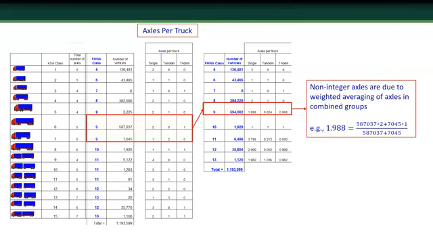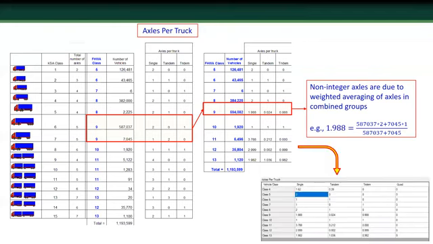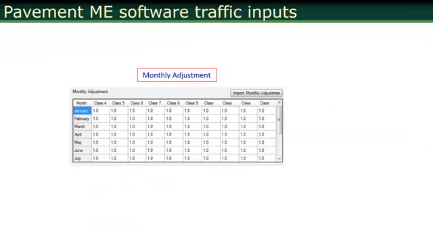All right? So same procedure for the other one. This times this plus this times this gives us the second one, 0.0024, and the third one, and these numbers go into this axles per truck. So it's not that difficult to get. Monthly adjustment.